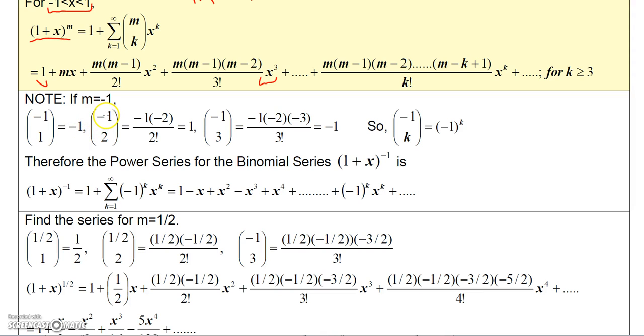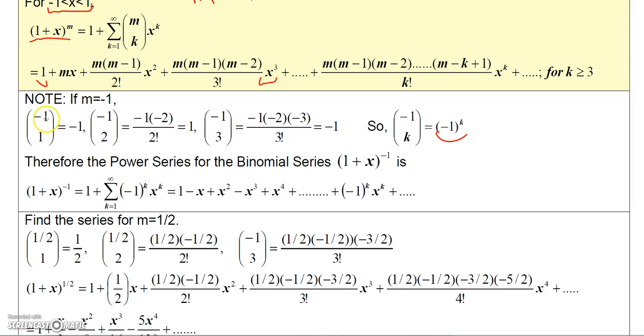And then -1 choose 2 would be -1 times -2 over 2 factorial, which is 1. And then -1 choose 3 would be -1 times -2 times -3 over 3 factorial, which would be -1. So actually, we can say that -1 choose k is -1 to the k power.